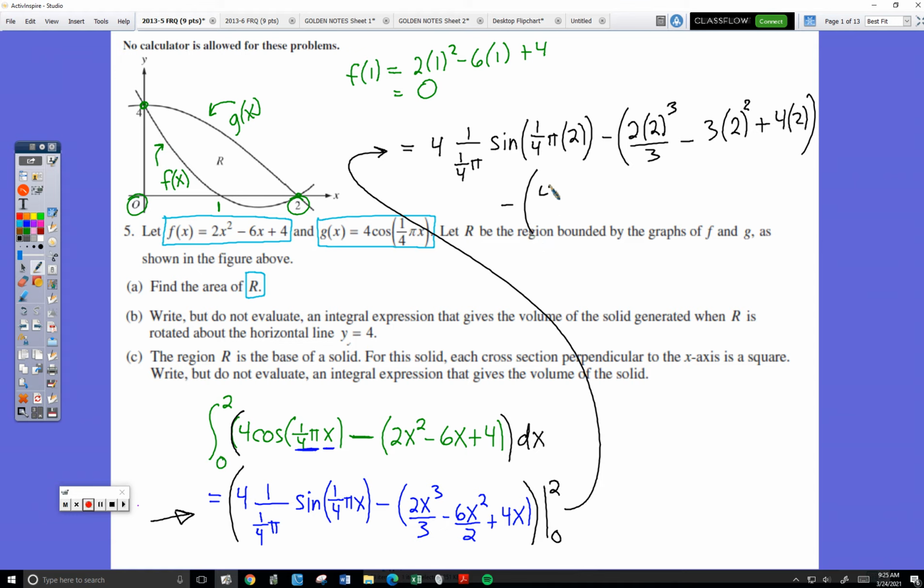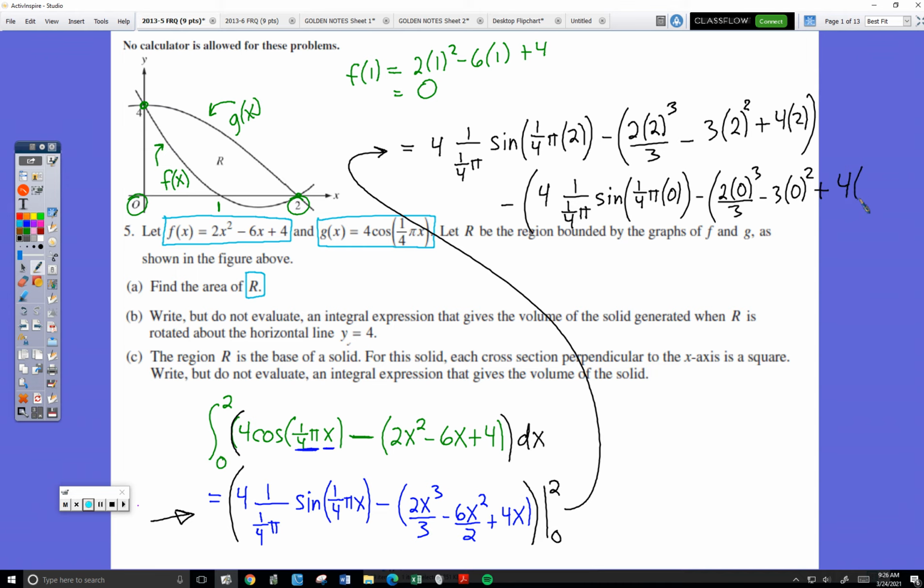So it's a lot of writing, but it's an easy point because there's no computation. So just be careful to get all your parentheses in the right places. And minus, gotta have another parenthesis. 2, 0 cubed over 3 minus 3 times 0 squared plus 4 times 0.